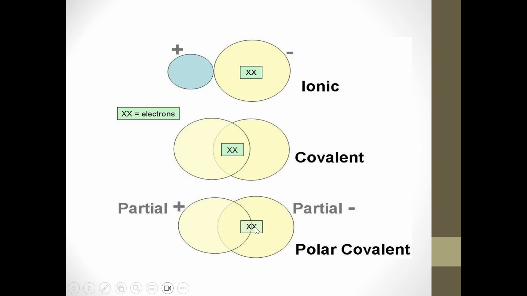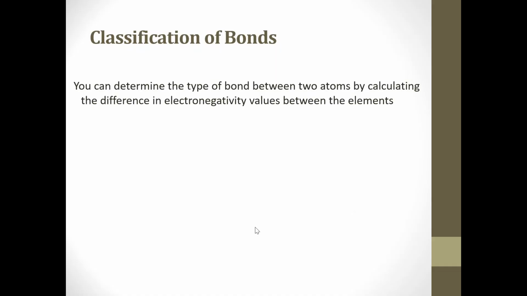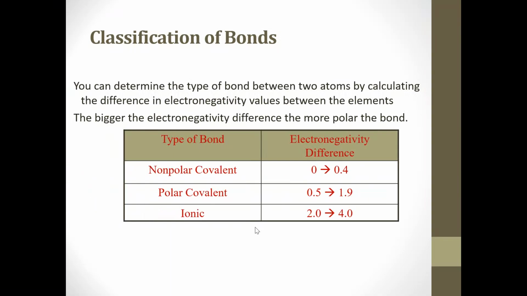So if I had to classify bonds as being ionic, covalent, or polar covalent, one thing that gets used is to look at the difference between the electronegativities of the atoms. So we can determine what type of bond we get by looking at the differences in electronegativity between the two elements in question. The bigger the electronegativity difference, the more polar the bond is. And this is the table that pretty much gives a fair representation of what happens.